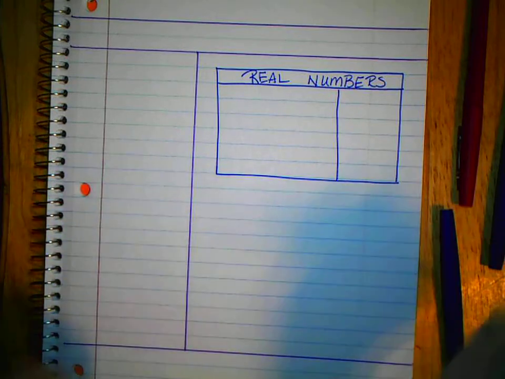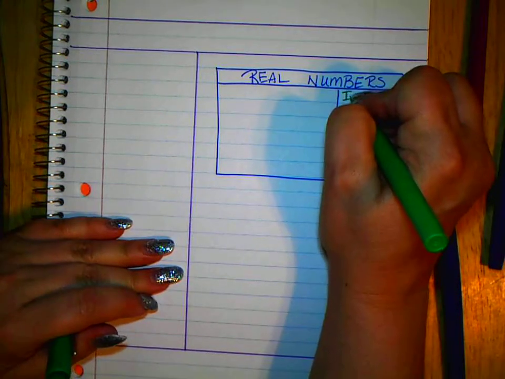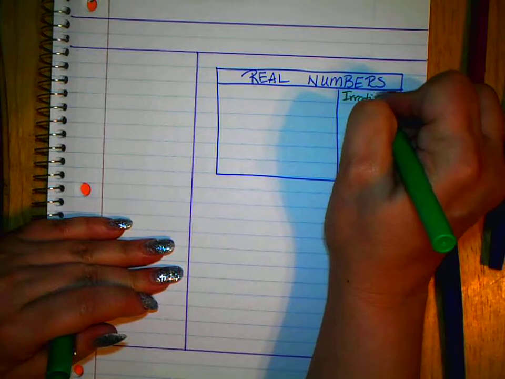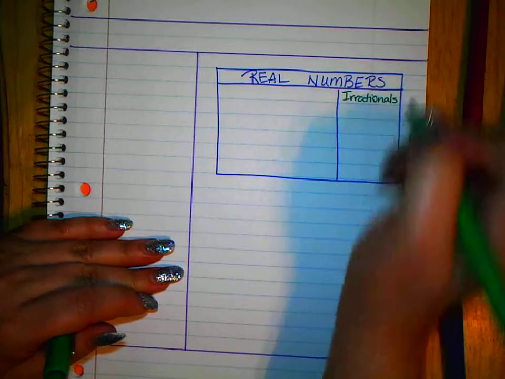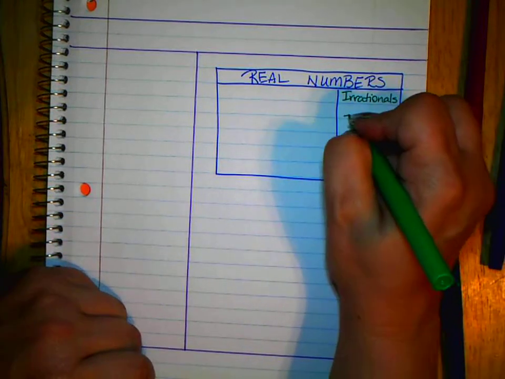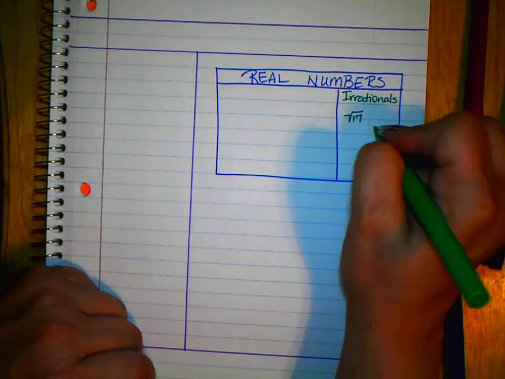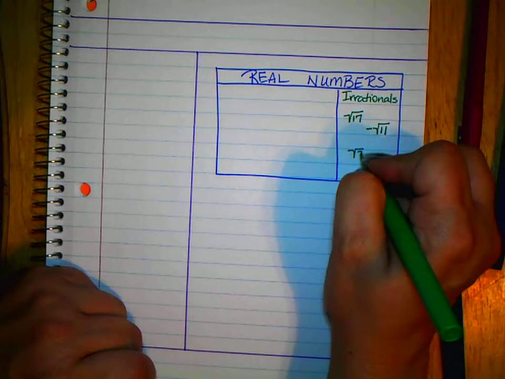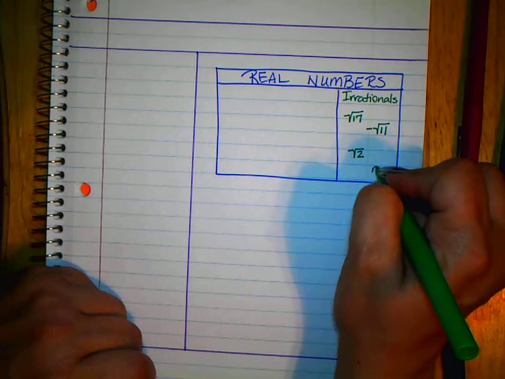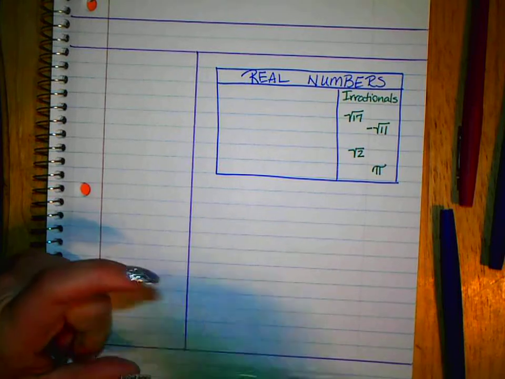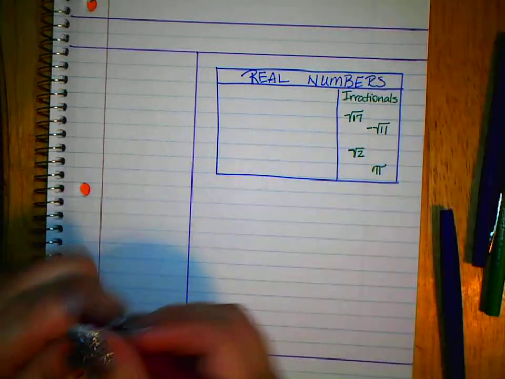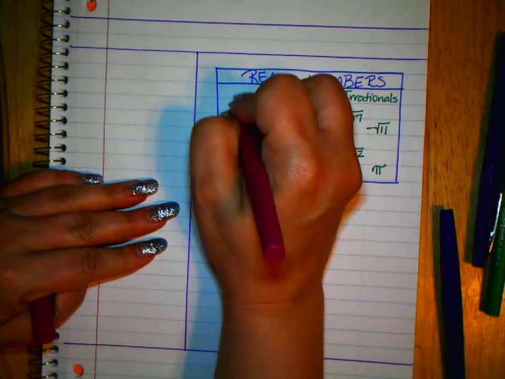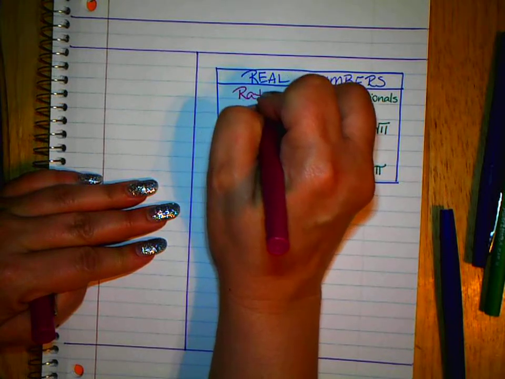Well, this section over here is our irrationals. That would be like the square root of 17, or the negative of the square root of 11, square root of 2, or the number pi. On this side, we have the rational numbers.